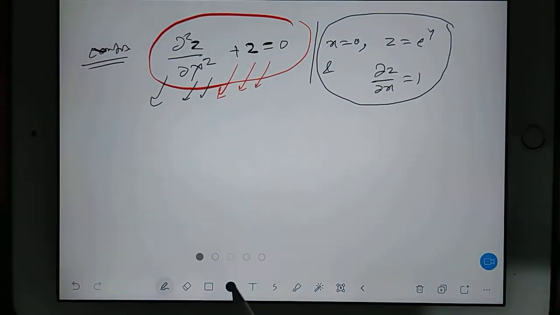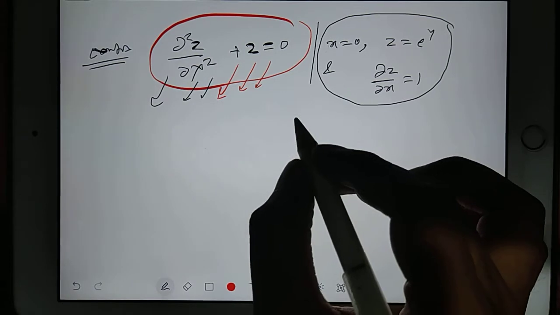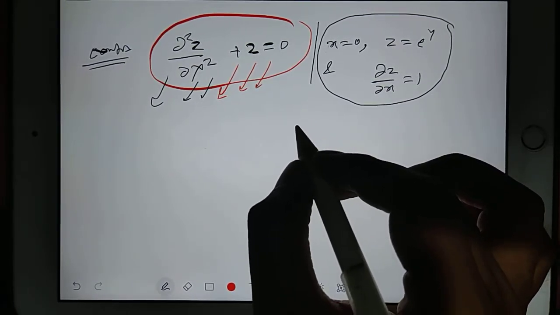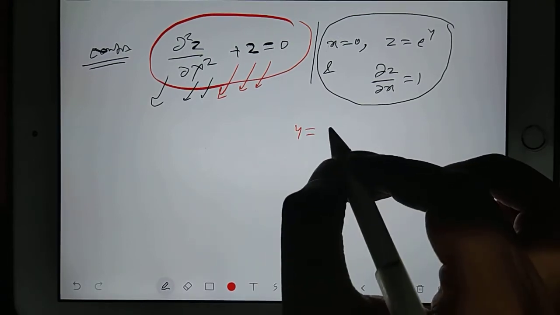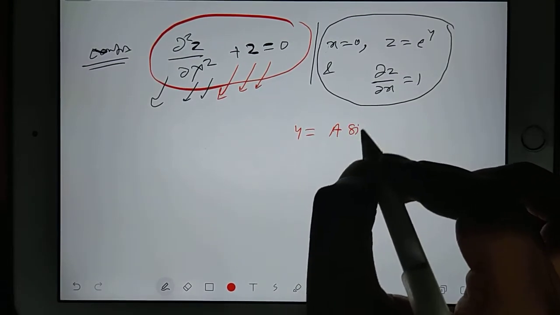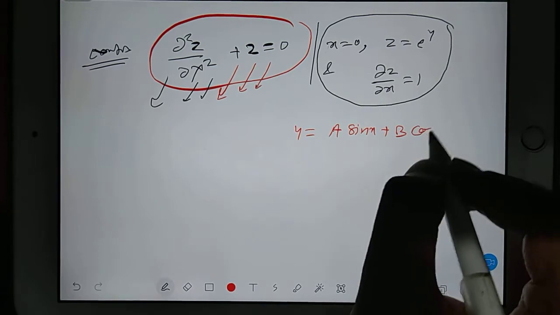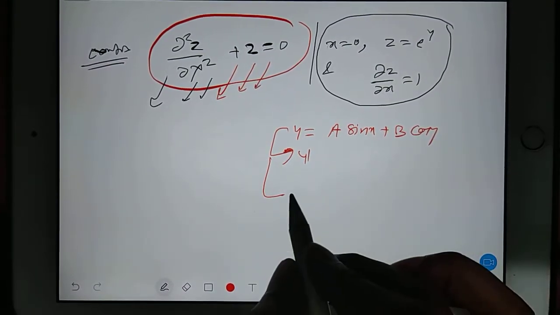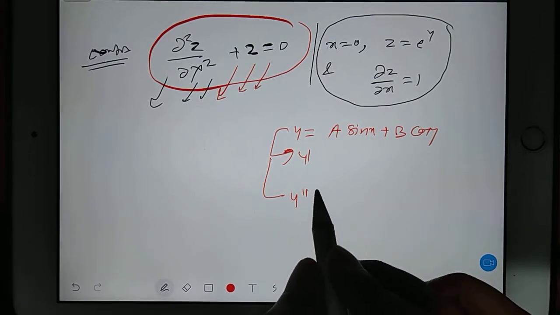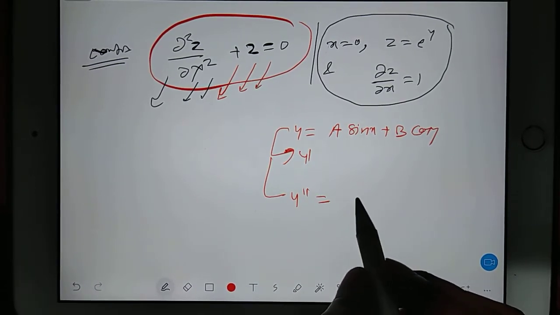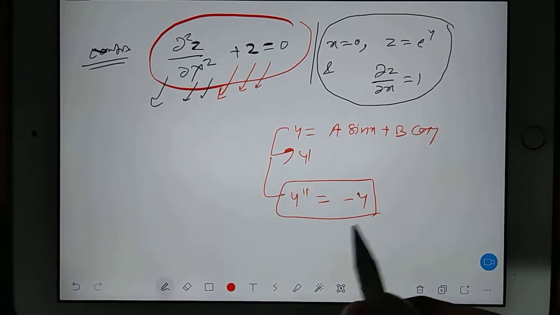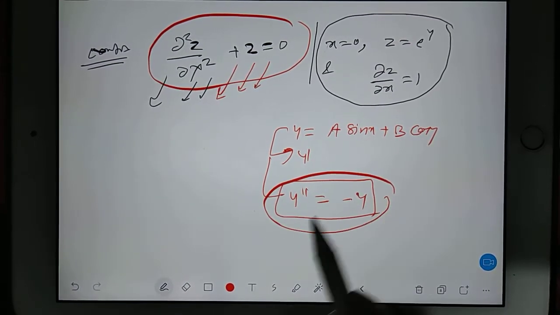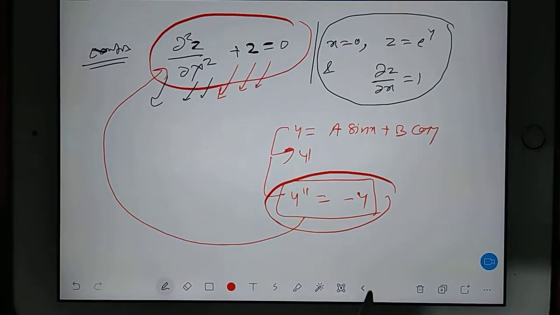But you remember when I was teaching you ODE, I took one example, y is equal to a sine x plus b cos x, and I differentiated this one time and I got y dash, then differentiated one more time, I got y double dash. That y double dash was finally replaced with y double dash is equal to minus y, right? So this part what you are seeing here is actually the same.